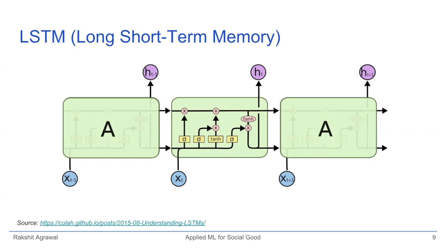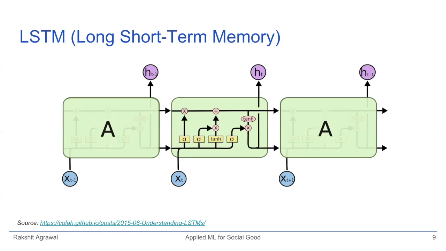Read this blog for more details, but it's called the vanishing gradient problem, where once you have a long sequence and you keep on going with the information, the gradient which is used to update becomes smaller and smaller the deeper you go. And ultimately, for longer sequences, you really are not able to make any kind of update.